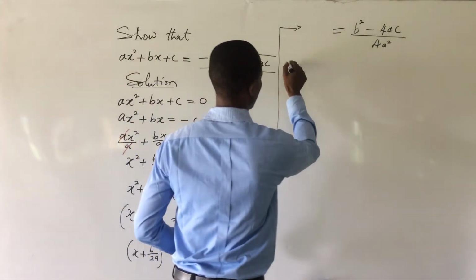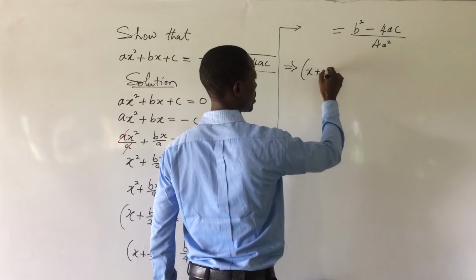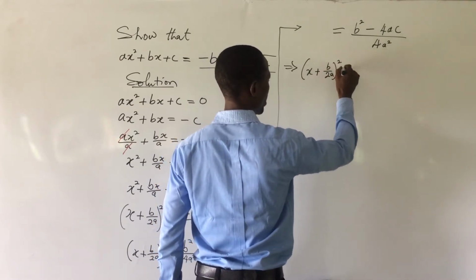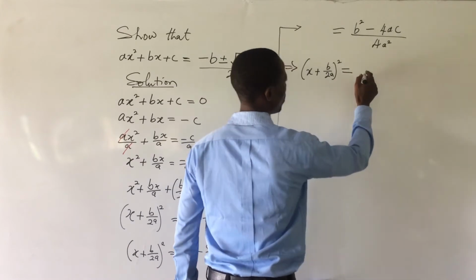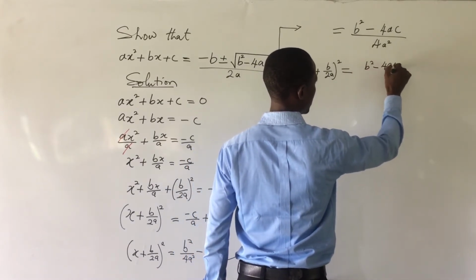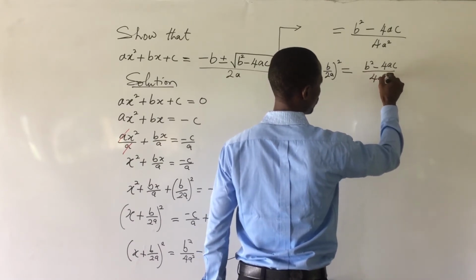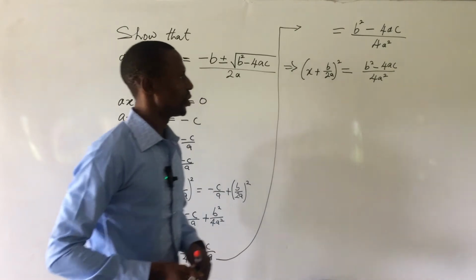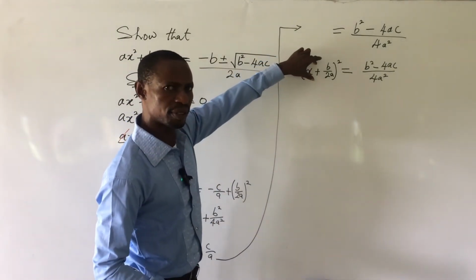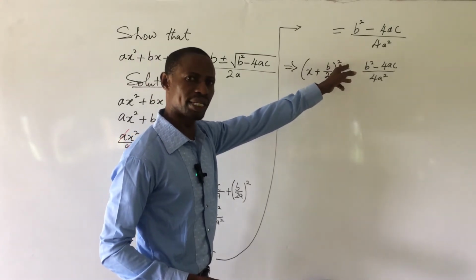Now that we have this, we can now bring this side of the equation now. So this now implies that bracket x plus b all over 2a, all squared, is equal to b squared minus 4ac all over 4a squared. We proceed again. We try to make x the subject of the formula. And here, this is carrying a square sign.